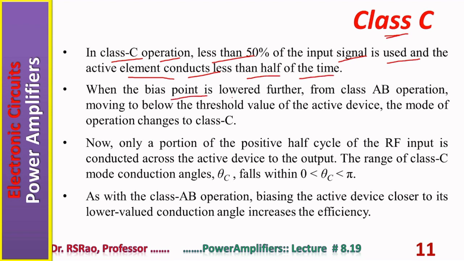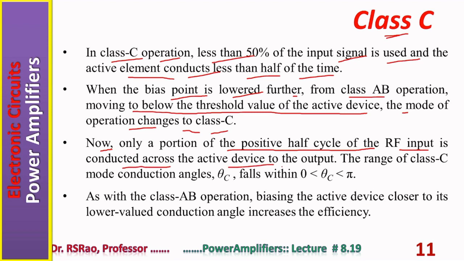When the bias point is lowered further from class AB operation, moving to below the threshold value of the active device, the mode of operation changes to class C. Now only a portion of the positive half cycle of the RF input is conducted across the active device to the output. The range of class C mode conduction angles falls within 0 and pi.